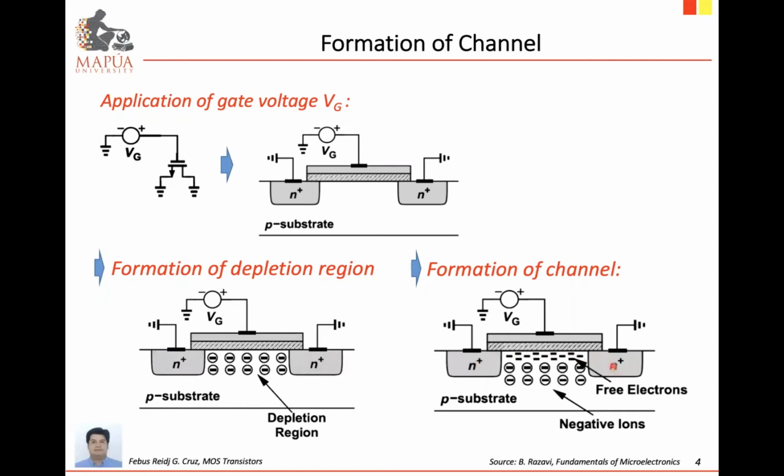That is why we refer to this layer as a channel. This is the portion in the transistor that will connect the drain and source and allow the current to flow between them. So that will be the path of our drain current. That's why we call it the transistor channel.